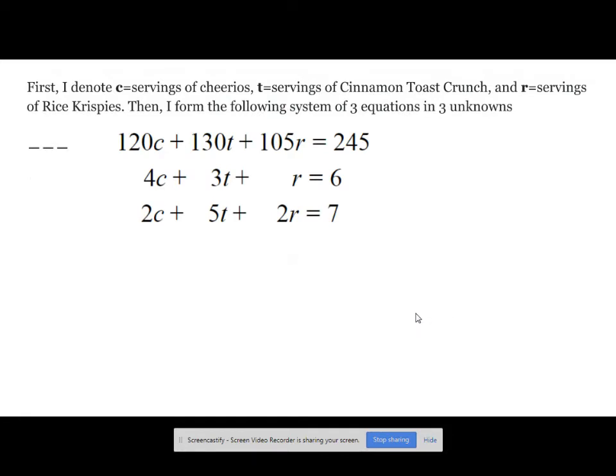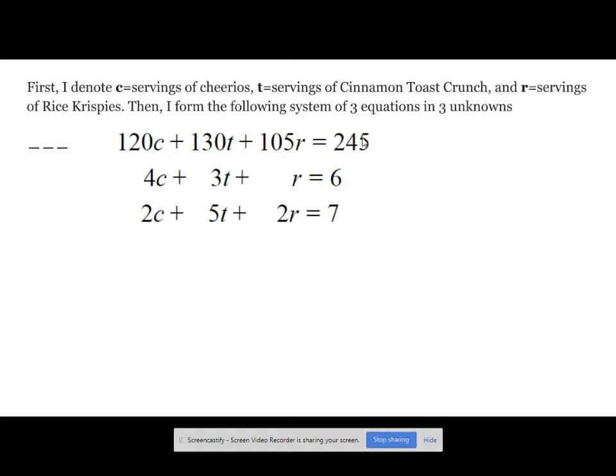So this would be an example of some equations you could write. If C is the Cheerios, T is the Cinnamon Toast Crunch, and R is the Rice Krispies, we could say that we would have 120 calories per serving of Cheerios, 130 calories per serving of Cinnamon Toast Crunch, 105 calories per serving of Rice Krispies, and whatever decimal or fraction or whole number of those cereals I have, they need to all add up to 245.